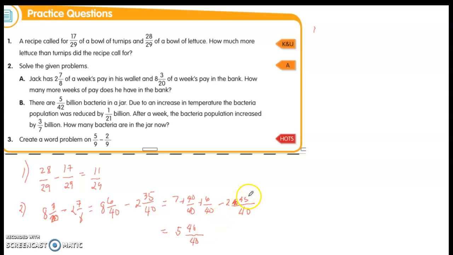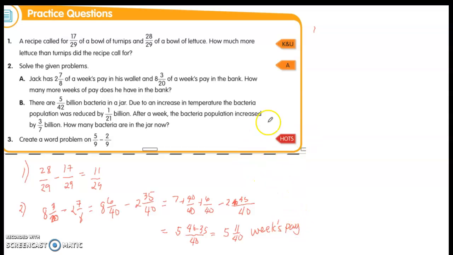And then since we have 35, we subtract 35 from 46. So the answer now is 5 and 11 over 40. So therefore, we have 5 and 11 over 40 weeks' pay.